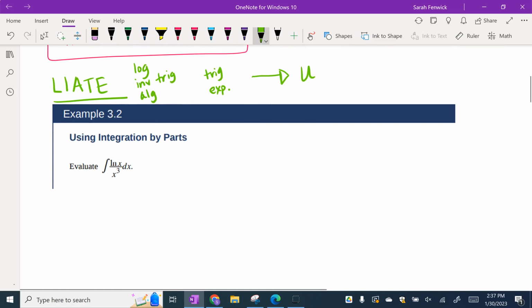All right, so looking at this one, using integration by parts again, we have the integral of ln x, or natural log of x, over x to the third dx. They rewrote theirs, and this happens a lot because we don't do a lot with x's in the bottom of a quotient. So we rewrote this as x to the negative 3 ln x dx.